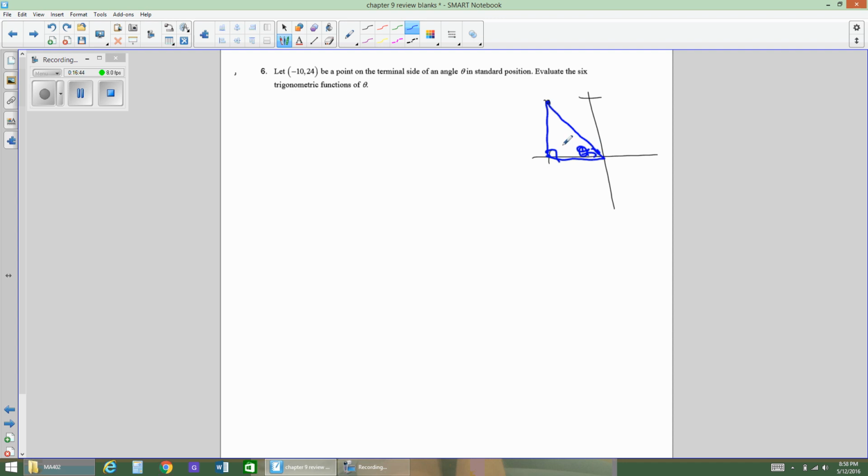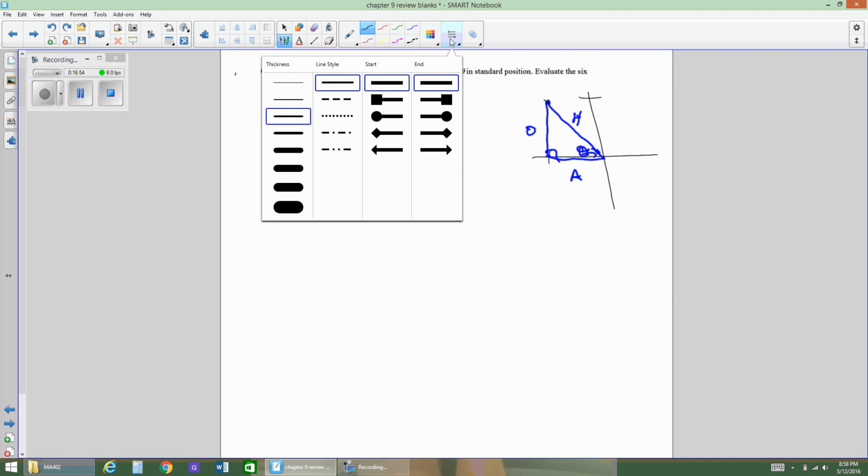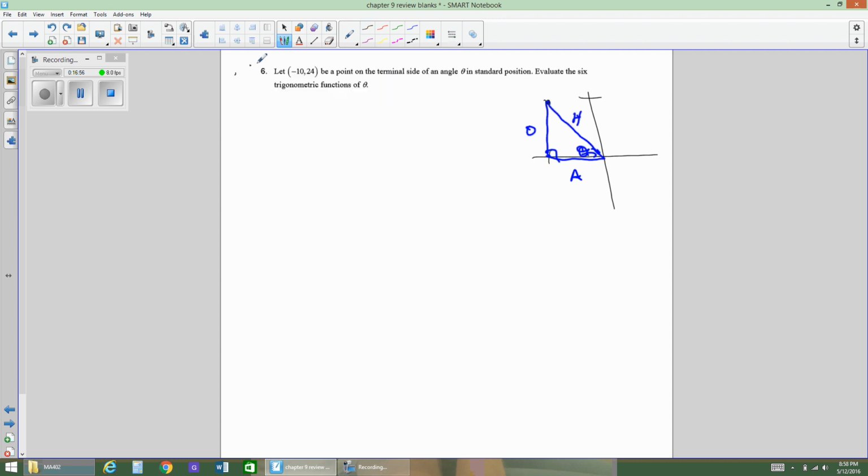Okay, if theta is at the origin, that means this is the hypotenuse, this is the opposite, and this is the adjacent. Now, my information is that this is negative 10 and that this is 24. So before I can continue doing this problem, I need to find the hypotenuse.